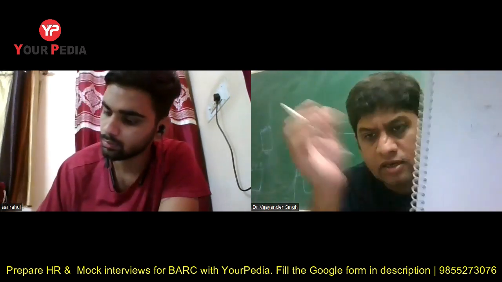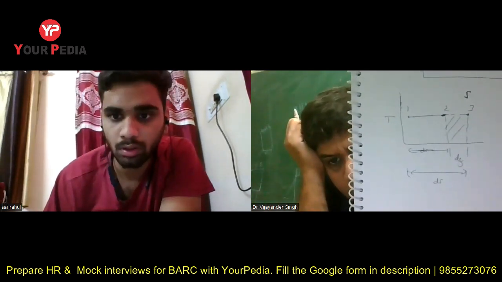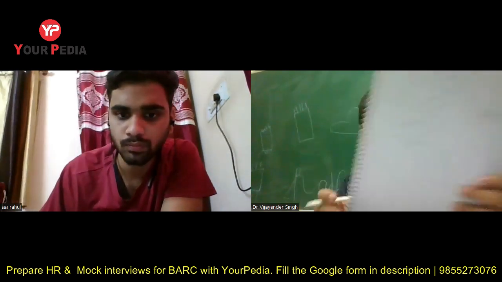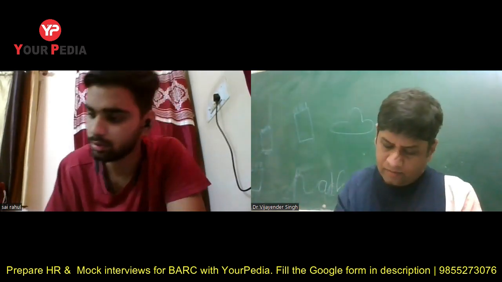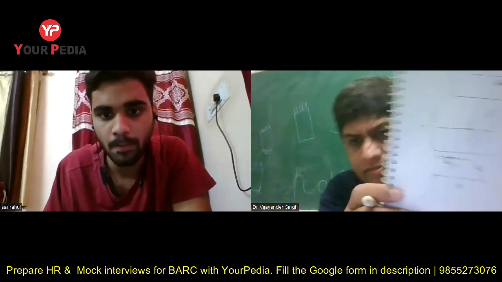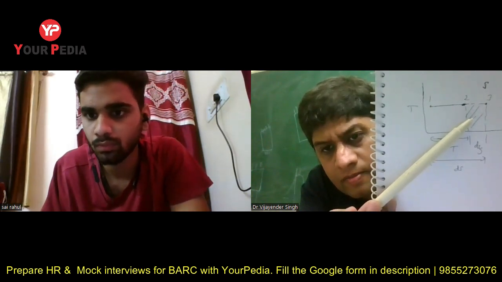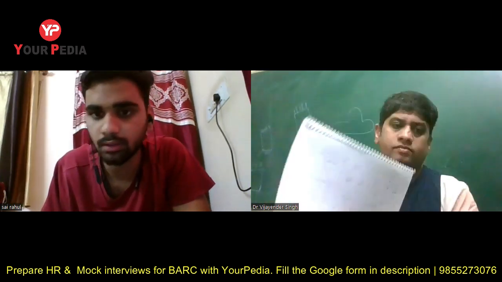So total entropy change is 1 to 3 in real process. So that consists of dq by T part and ds generation, right? Yes, sir. My question is, what is this area? Can you see this? So that is representing entropy generation, sir. But for the real process, entropy generation is a length, not the area.